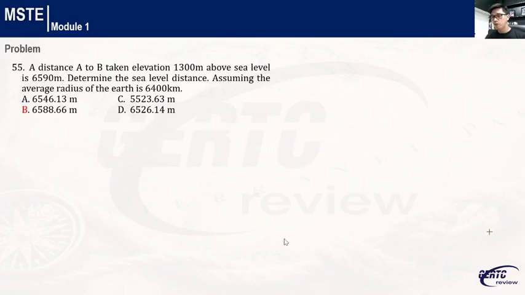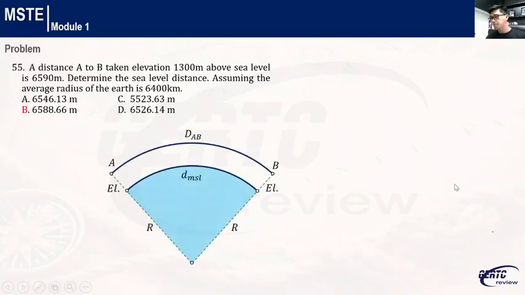So actually may formula dito, no? But mas maganda siguro alam niyo itong figure na to. Ganito lang siya i-solve, no? If ito yung ating Earth, radius of the Earth, ito yung distance of the mean sea level, and ito yung distance AB natin above the mean sea level. So basically, ito yung elevation natin pataas above mean sea level.